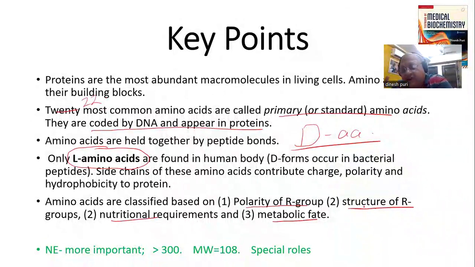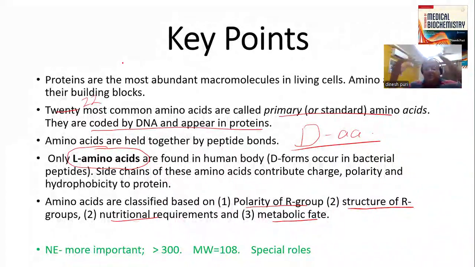Structure we have just touched this time. In the very next class, which I'm going to upload very soon, we are going to study that the R groups of some amino acids have a definite role apart from being part of the protein structure. For example, histidine has an R group which is able to act as a buffer at body pH. Cysteine is a sulfur-containing amino acid.